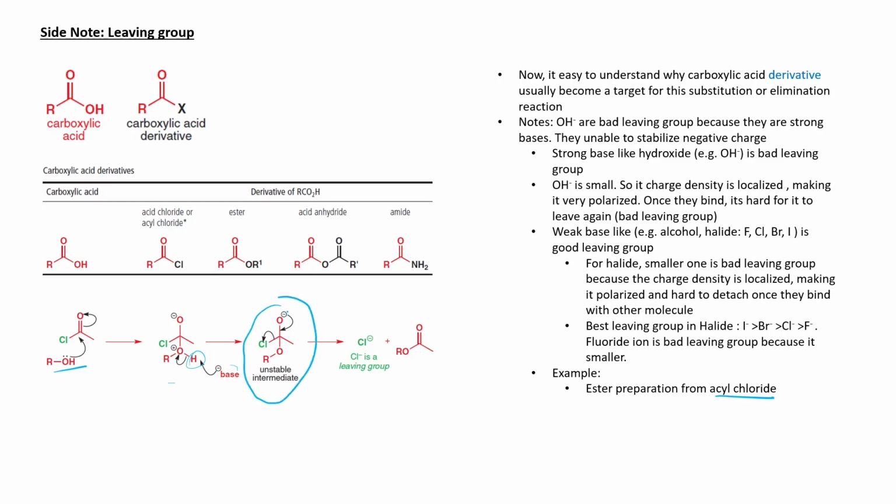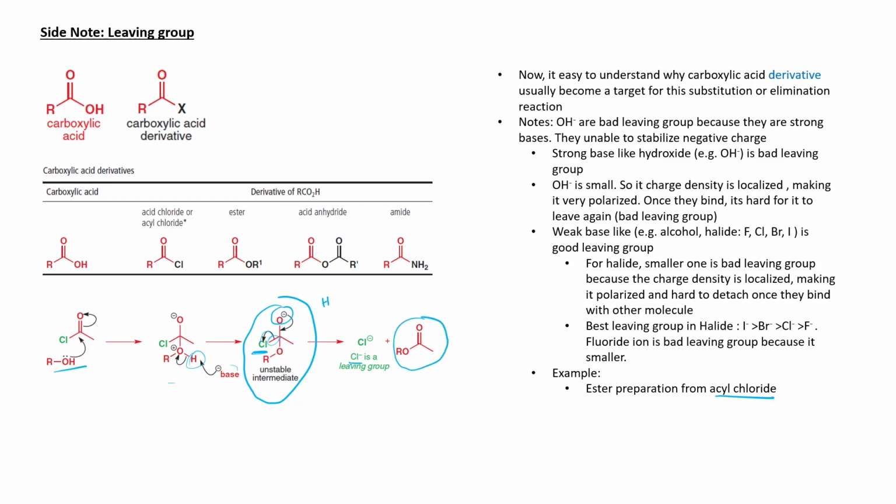This oxyanion will not take the hydrogen, because first they don't supply the hydrogen here, whether water or alcohol. But in this intermediate you have this good leaving group, the Cl. When the good leaving group leaves, the bond is broken, meaning that another bond must be formed. So that's why it becomes like this.